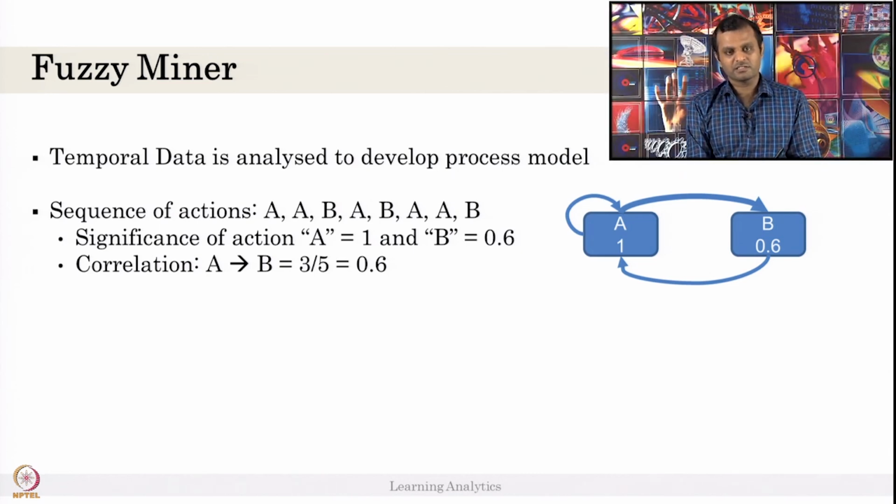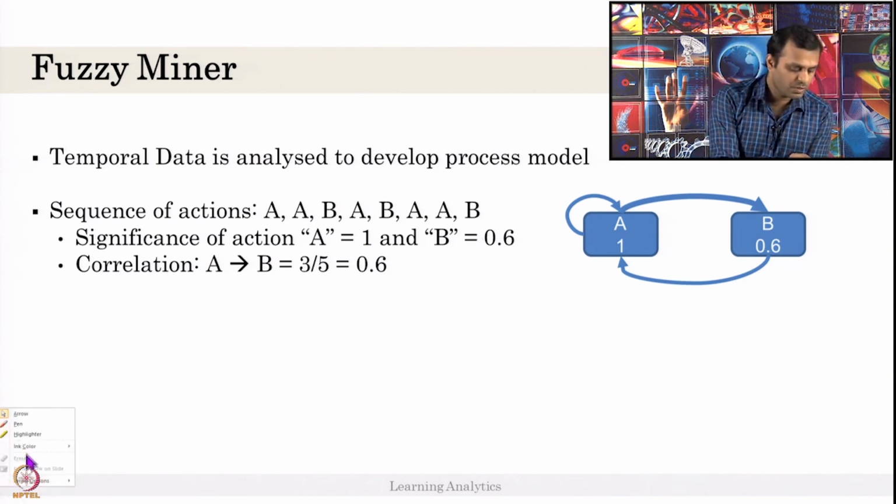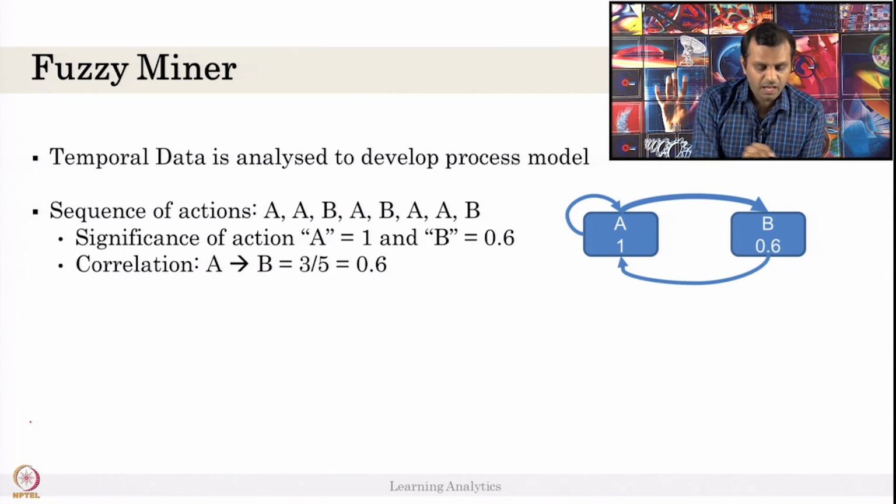Let us look at what is the process model for that particular sequence of data, and we use a fuzzy miner algorithm. There are other algorithms like alpha miner or heuristic miner, each has a different behavior, but let us look at the fuzzy miner in this course. Sequence of actions is A, B, A, B, A, B, right. So, let us see. A occurred 5 times, okay, that is the most significant action.